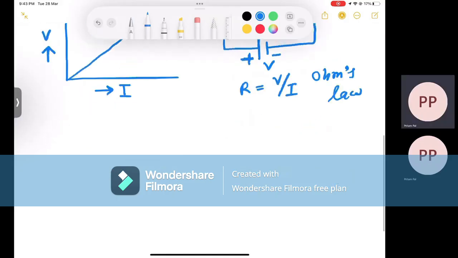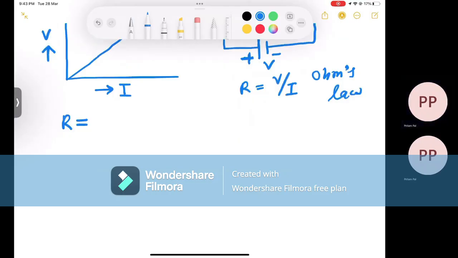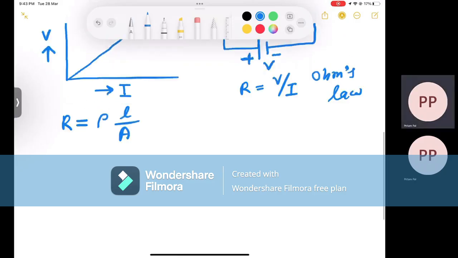So this R should be a function of L over A. What does it mean?